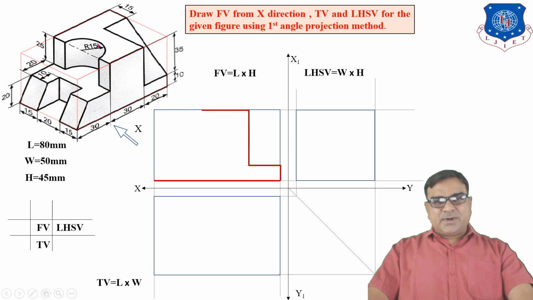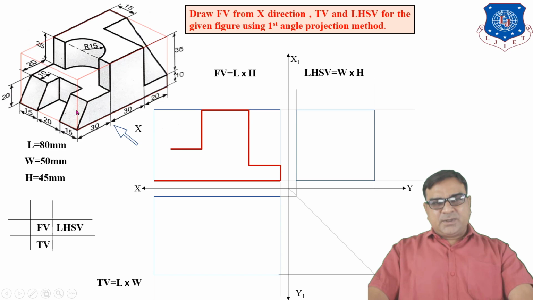Actually, this line is the front view for this whole surface, because when the plane or surface is parallel to HP and perpendicular to VP, the front view is a line. This is also a plane, and this is the front view for this plane, this and this. This is the front view for this plane.